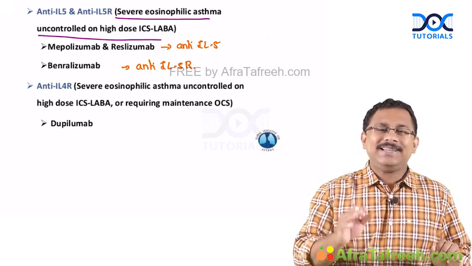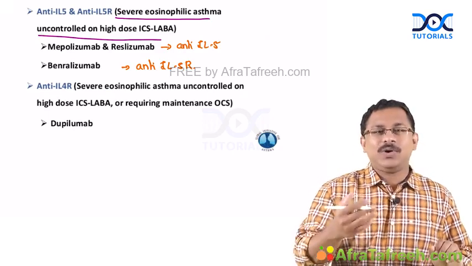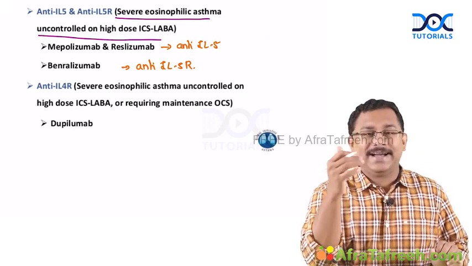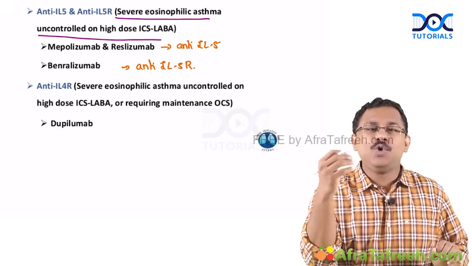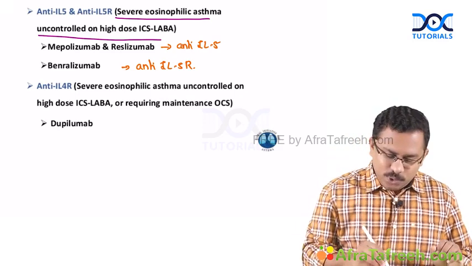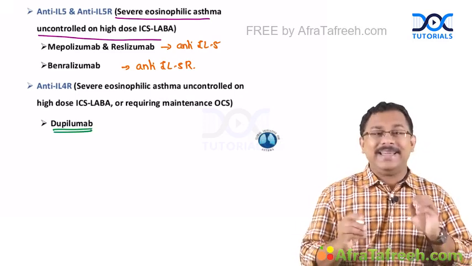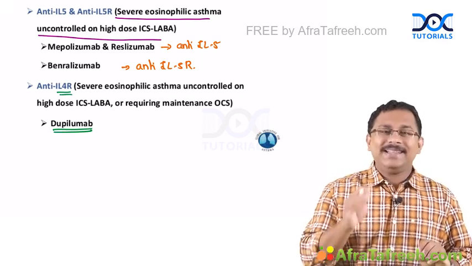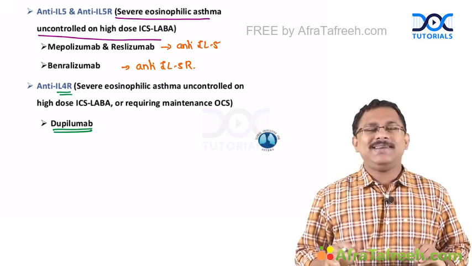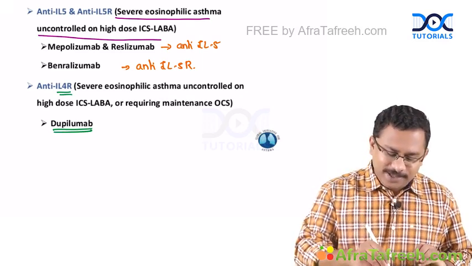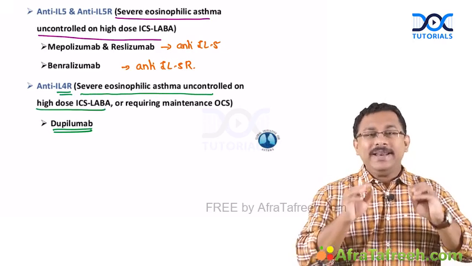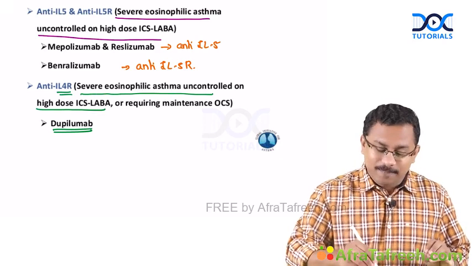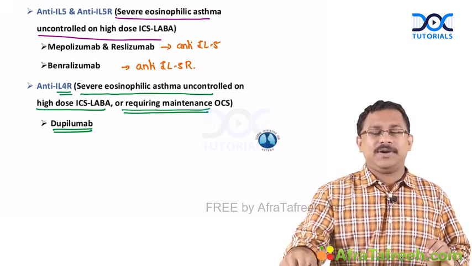The monoclonal antibody targeting interleukin 4 receptor is dupilumab. So dupilumab is targeting IL-4 receptor, and this agent also is used in severe eosinophilic asthma uncontrolled on high dose ICS-LABA, or in individuals who require maintenance oral corticosteroids.